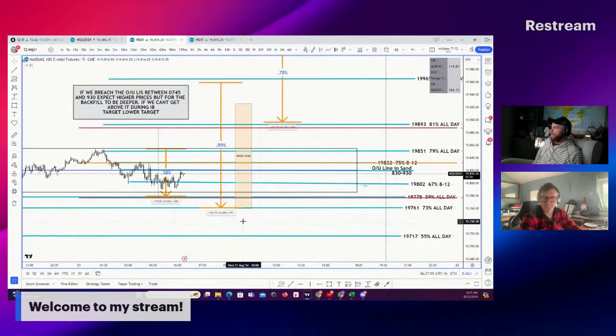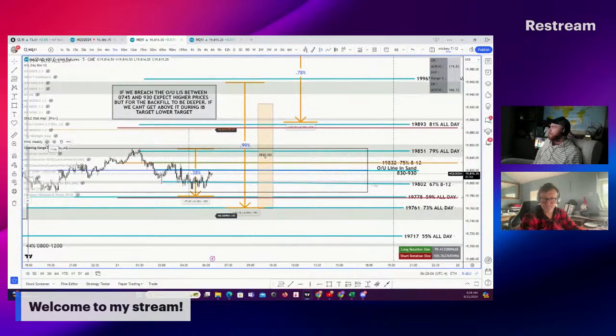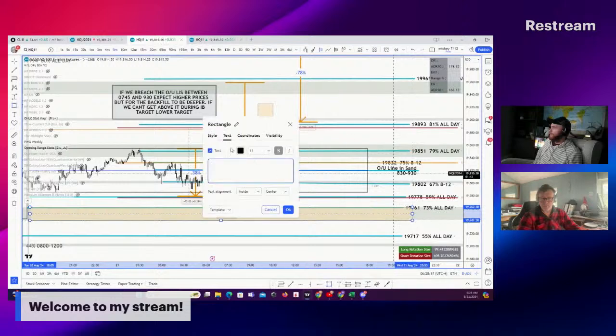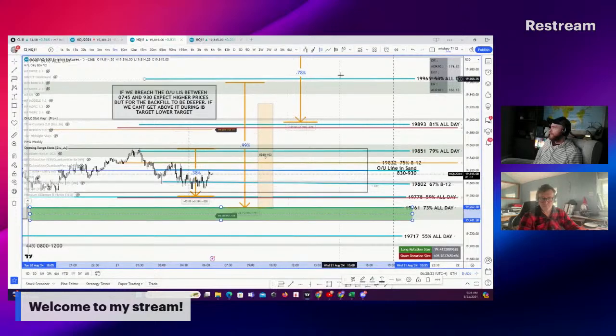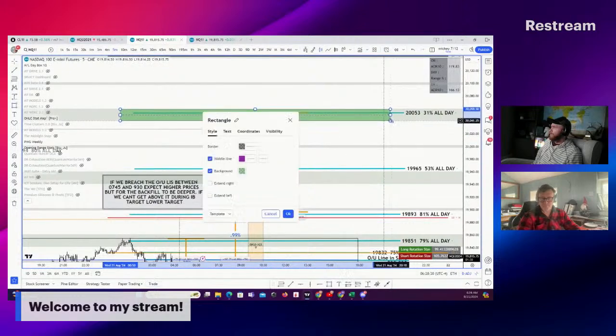So now we can draw out our low of the day zone, which is going to be this 60 handle move right there between this probability and right here. And we can draw our high of the day zone on this probability right here.